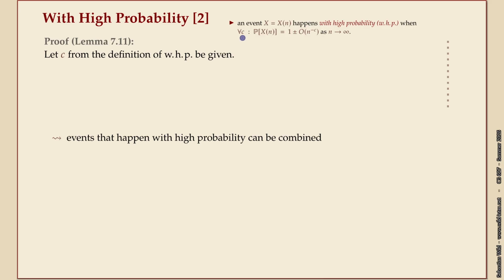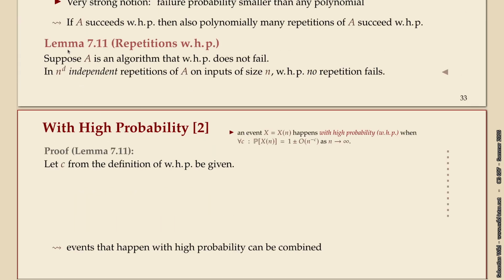So we have to show the claim again. If you look up, we're trying to show that n to the d independent repetitions of A are such that not a single one of them fails. That's a new event. The new event is the union of all those previous failure events.